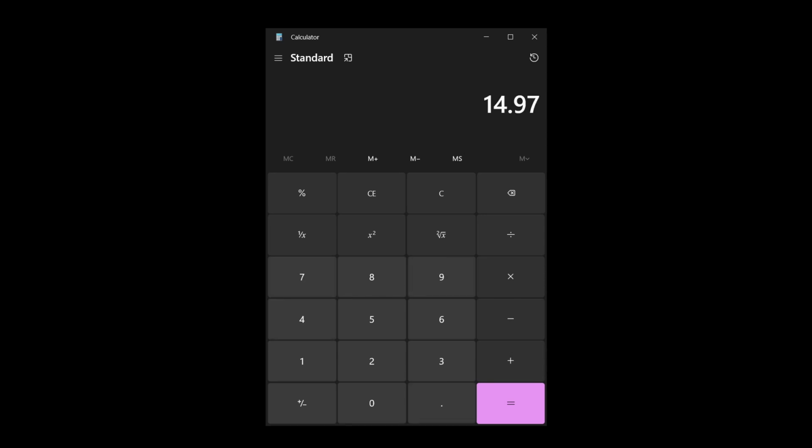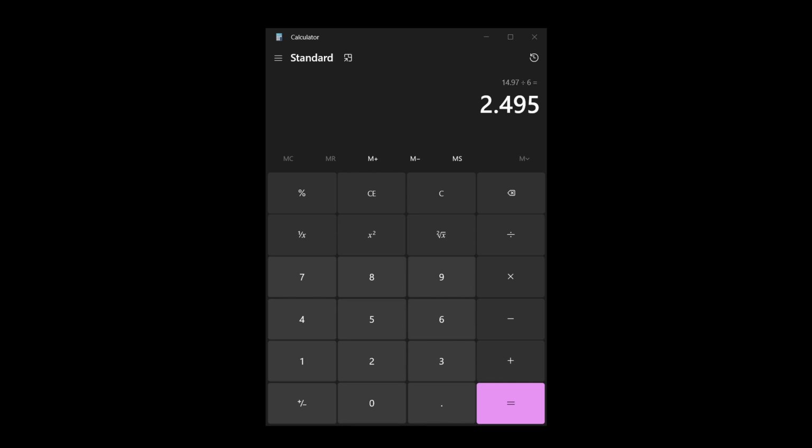Following the formula, you take the total retail price, $14.97, and divide it by how many you get, the unit quantity, and we get 6 in this case. So each of the packs in the 6-pack costs $2 and about 49 cents.